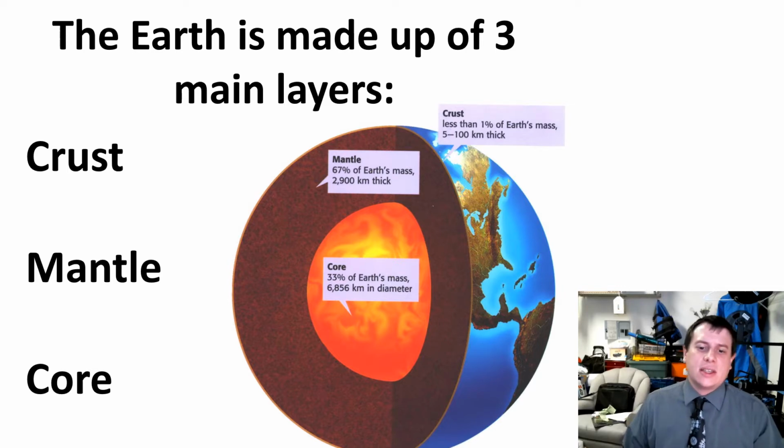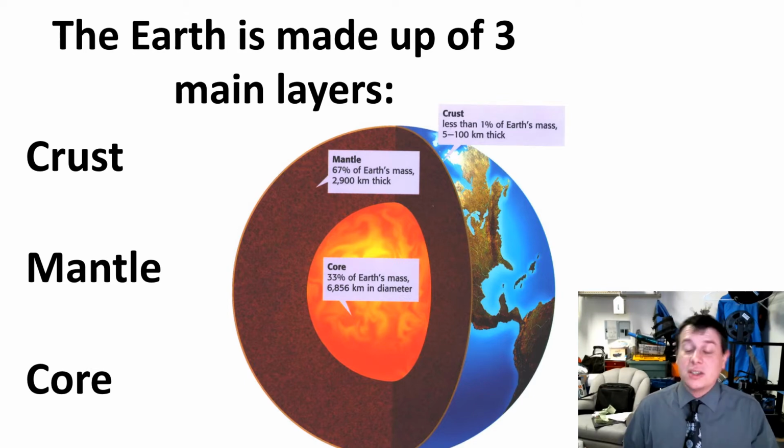This crust is like the cooled outside of a piece of hot, semi-molten something, all right? It's like the balloon in a water balloon. It is only the outermost layer, and the majority of the mass of the Earth is actually located inside of it. Second, you're going to have the mantle. The mantle accounts for 67 to 70% of Earth's mass.